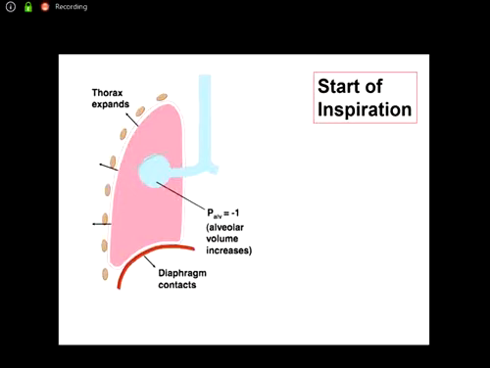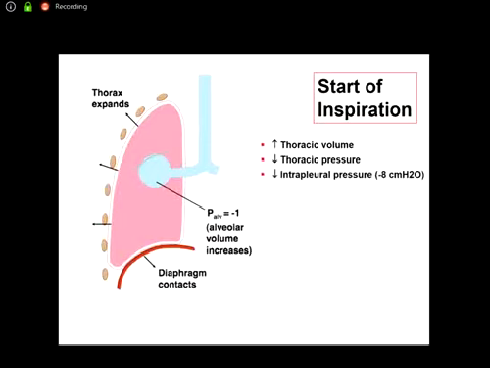When the volume increases, as we explained before, what happens to the pressure? The pressure goes down inside that cavity. Okay, so thoracic volume increases because of the contraction of the respiratory muscles. That will decrease the thoracic pressure, so the alveolar pressure now becomes negative.